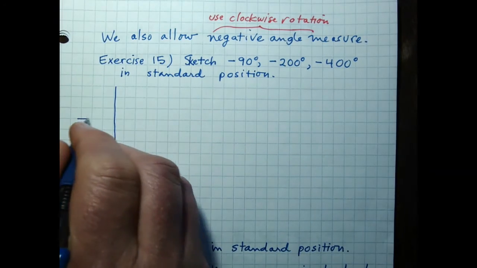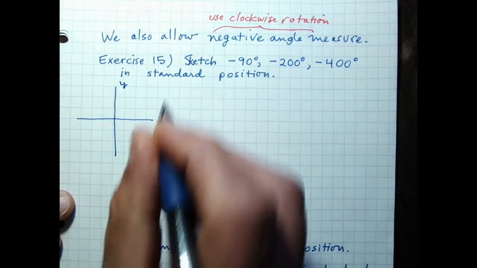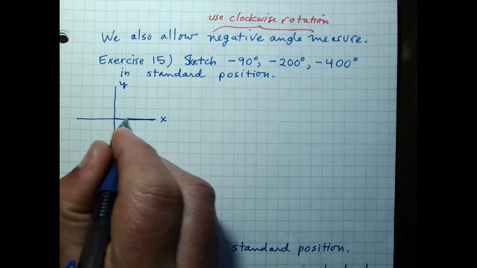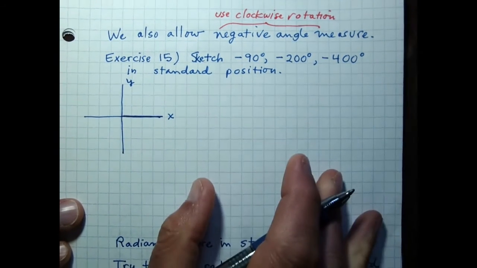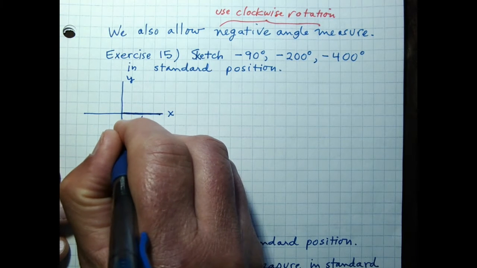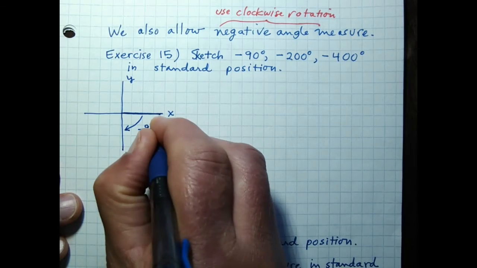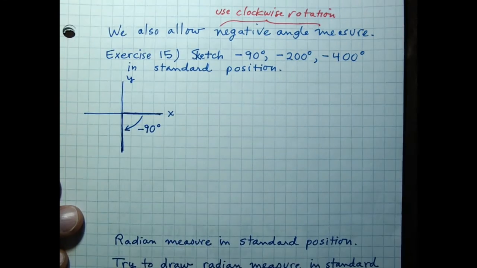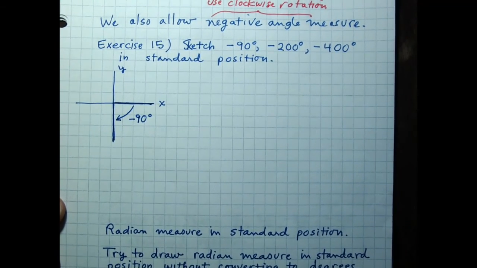So negative 90 degrees now is not hard to draw. Positive, negative, any angle at all, the initial side is always the positive x-axis when we're in standard position. But a negative 90 degree angle will occur like so. And so its terminal side is actually on the negative y-axis. There's negative 90 degrees.